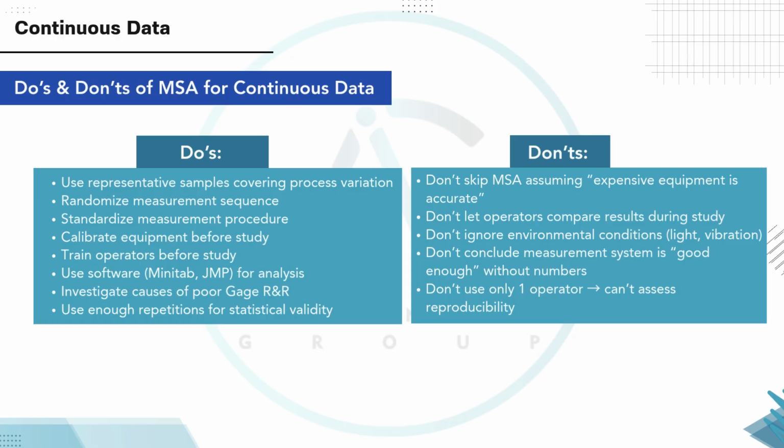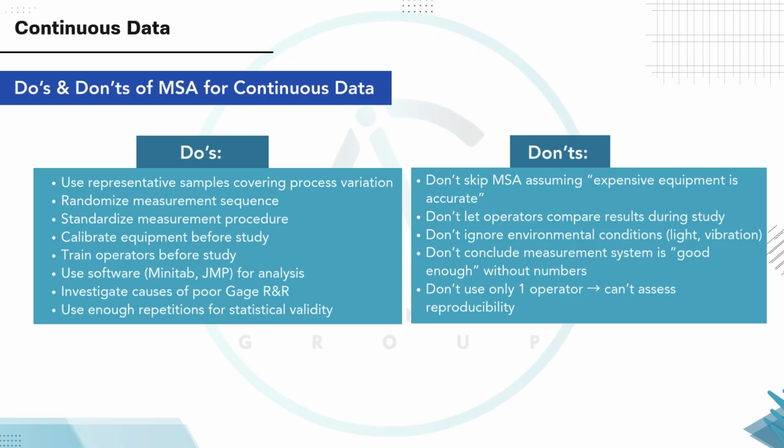Randomize the measurement sequence to minimize any systematic bias. Make sure your measurement procedures are standardized across all operators to maintain consistency. It's critical to calibrate your equipment before the study to ensure accuracy. Train all operators beforehand to avoid inconsistencies in measurement technique.